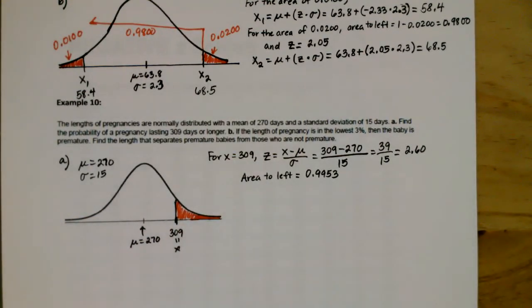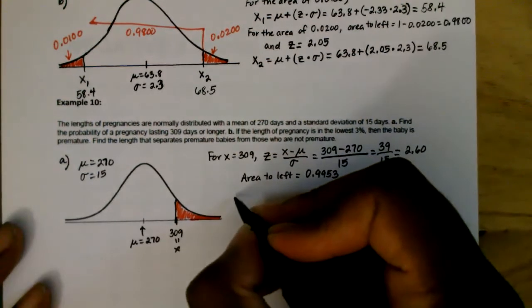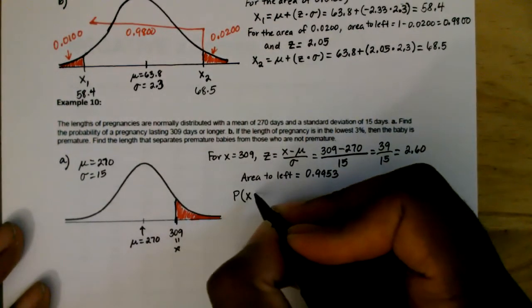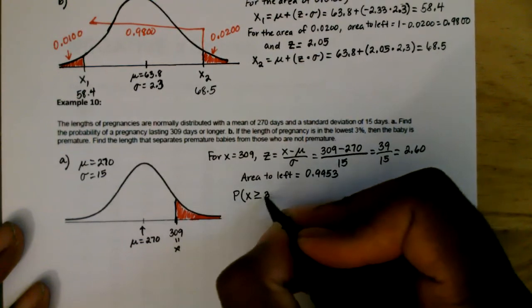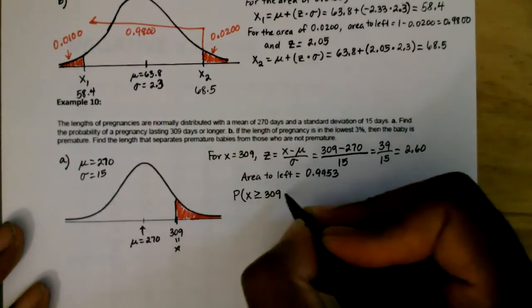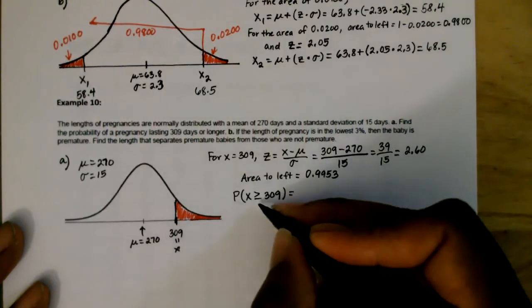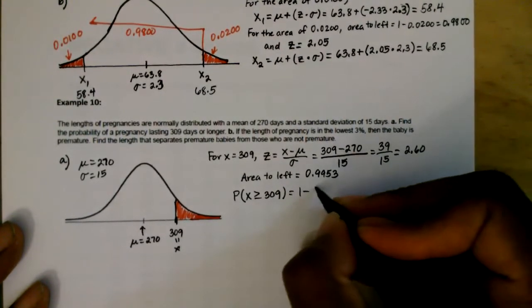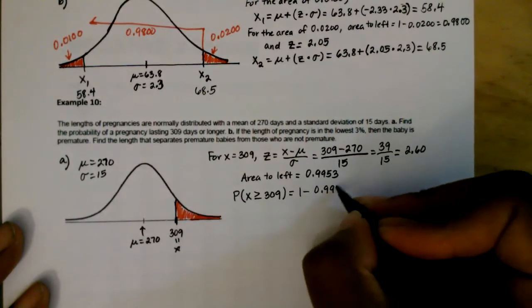So I need to subtract 1 minus that to get the probability that x is greater than or equal to 309. As it says 309 days or longer, so I need to use the inequality greater than or equal to. 1 minus 0.9953.